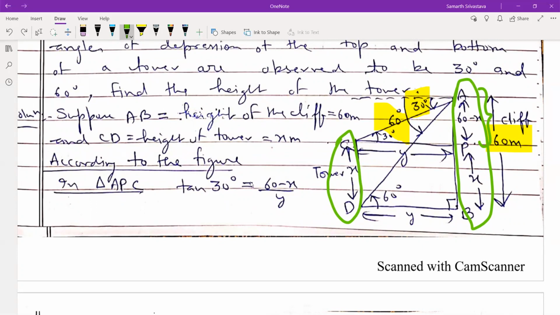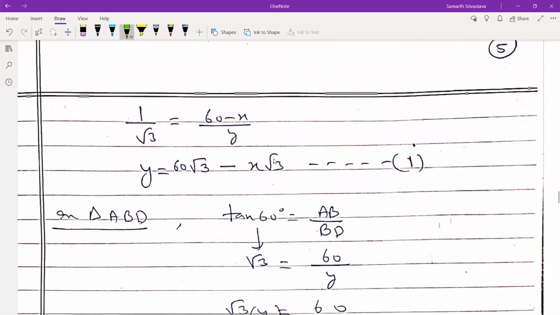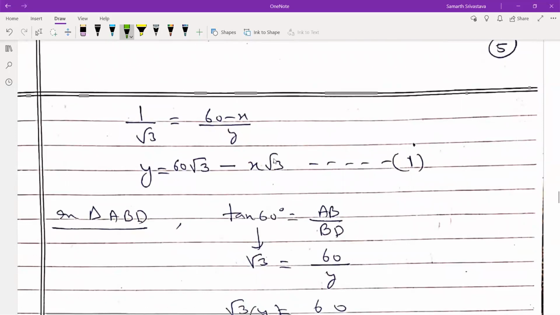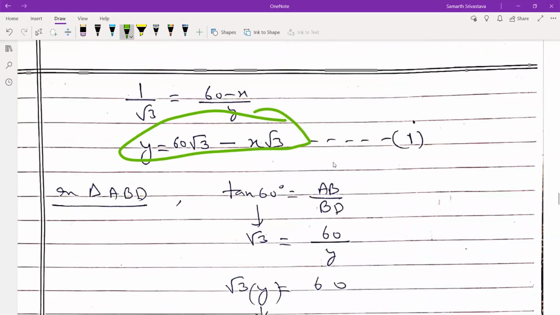And tan 30 is the standard angle whose value is 1 by root 3. 1 by root 3 is equal to 60 minus x upon y. That means, if we do the cross multiplication, y is equal to 60 root 3 minus x root 3.